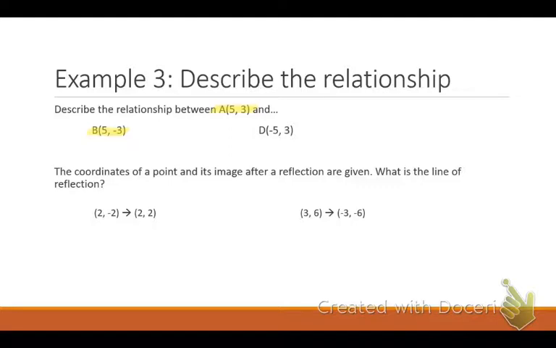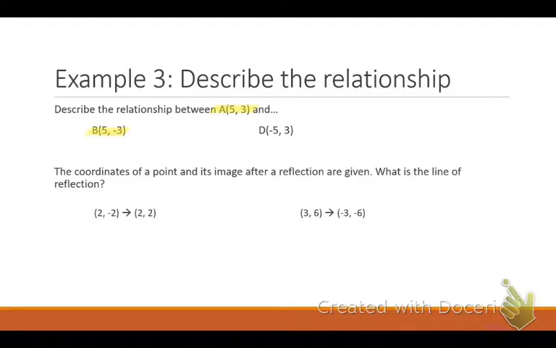Does everybody see from the original ordered pair? Again, D has nothing to do with it yet. Okay? From the original ordered pair, A 5, 3 to B 5, -3, which value changed? The Y value. So which line of reflection would it cross if it's the opposite Y value?